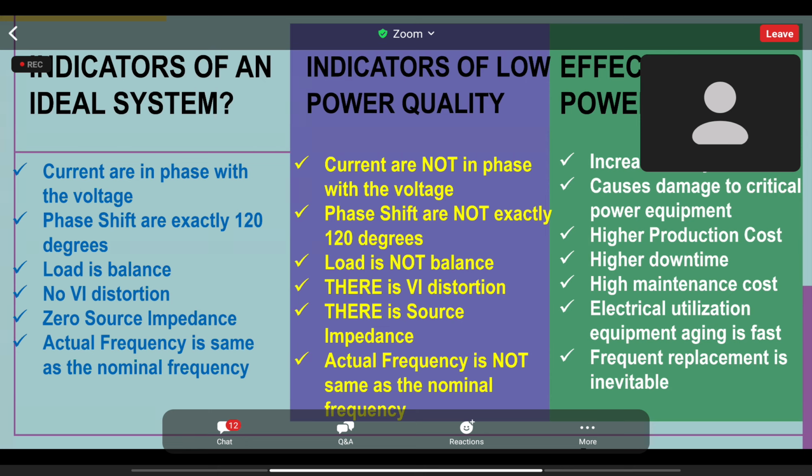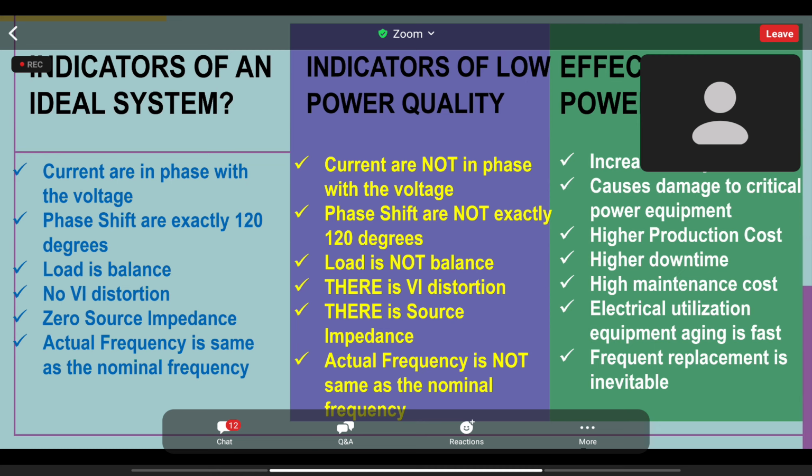If there are power quality issues, then there will be higher downtime. If there are problems that may arise that will affect the entire system performance, there will be a high maintenance cost. Electrical utilization equipment will age fast because of those problems that affect the performance, and there could be a frequent replacement if those issues are not addressed properly. So ito yung mga factors na tinitingnan natin yung having a low power quality in the system.